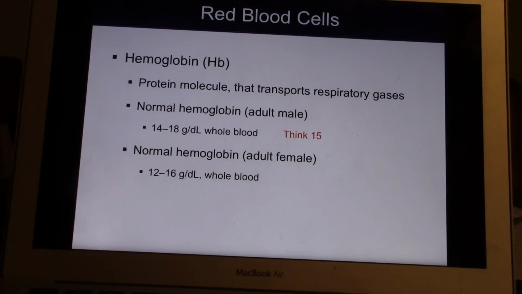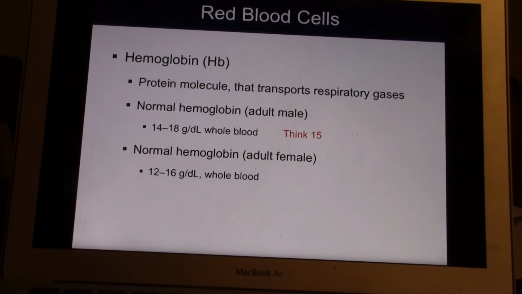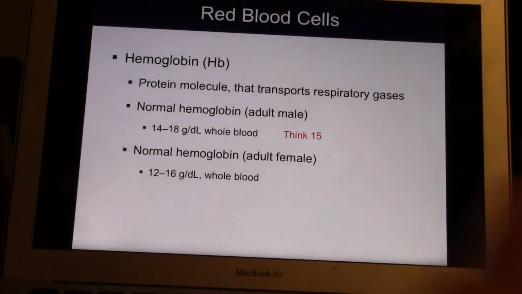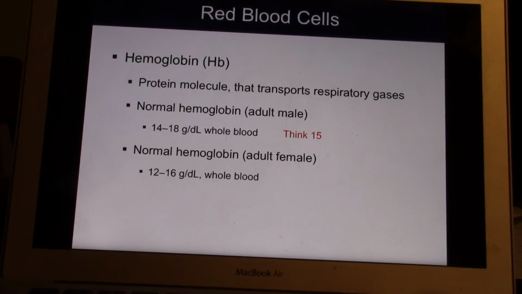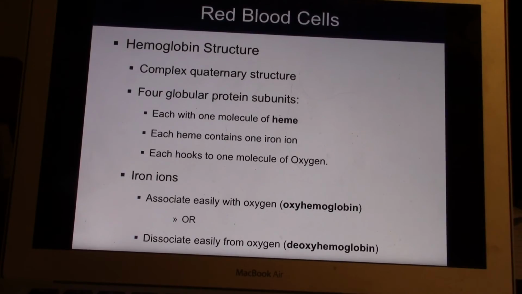Now, a deciliter is how much? Remember, it's 1/10 of a liter. So therefore, it's 100 cc's. So in 100 cc's of blood, there should be about 15 grams of hemoglobin. And of course, 100 cc's of water would weigh 100 grams. Hemoglobin would weigh about 15 grams in that same volume. So that's another number to remember, 15.